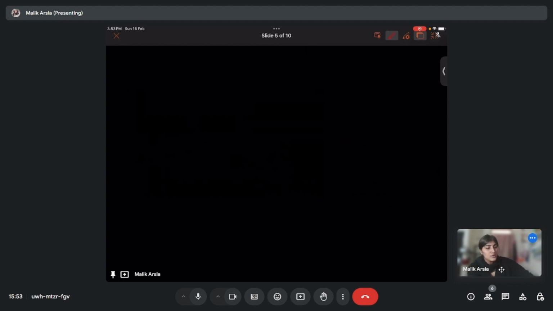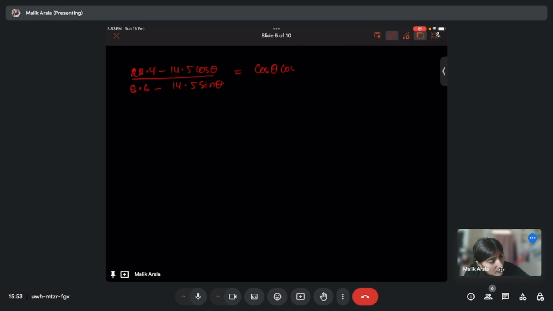So it is coming out to be 22.4 minus 14.5 cos theta upon 8.6 minus 14.5 sin theta equal to cos theta, and I'm expanding it, cos 85 degree plus sin theta sine of 85 degree, and here it will be sin theta cos 85 degree minus cos theta sine 85 degree. Okay, sine of theta minus alpha.